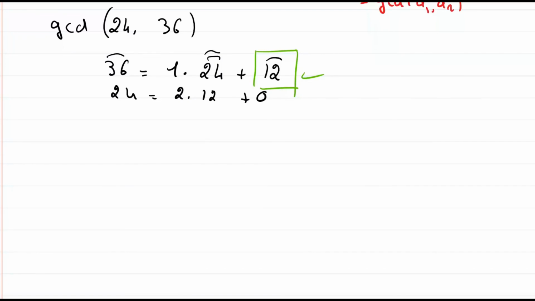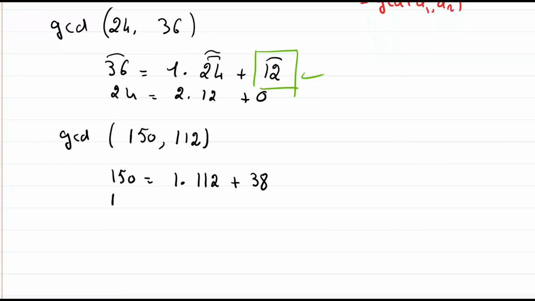So let's do another example. Say I want to compute the greatest common divisor of 150 and, let's say, 112. And now I say 150 is 1 times 112 plus 38. Now I take 112 and 38. 112 is 2 times 38 plus 36.